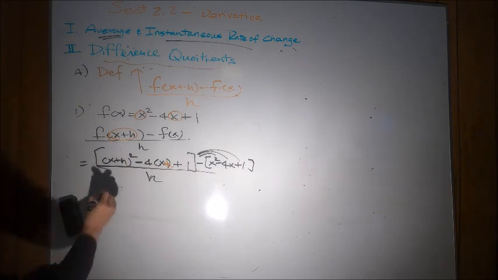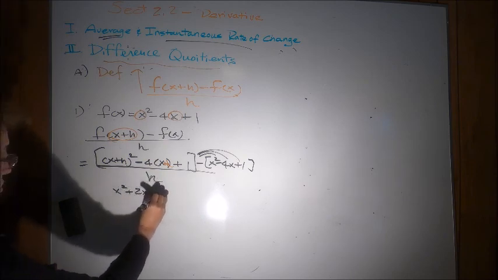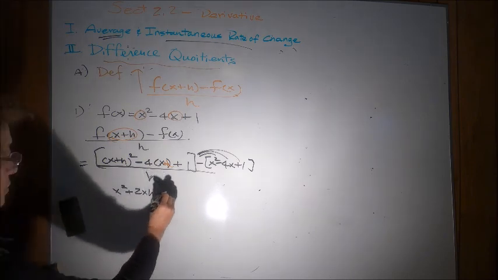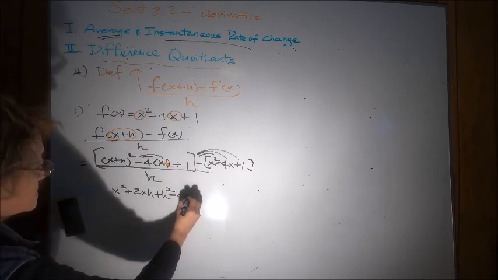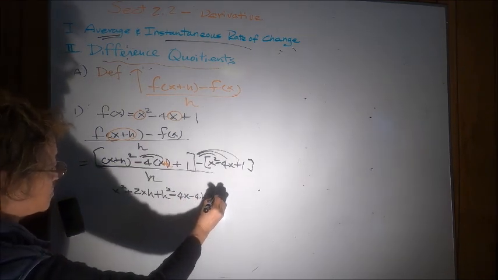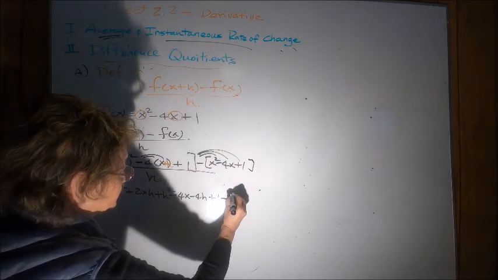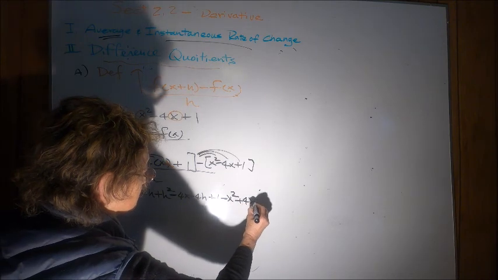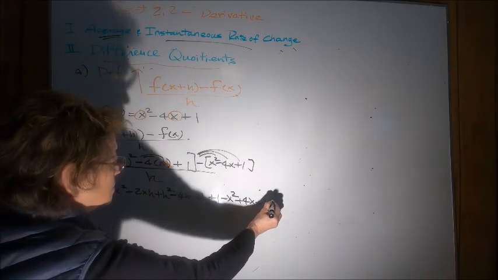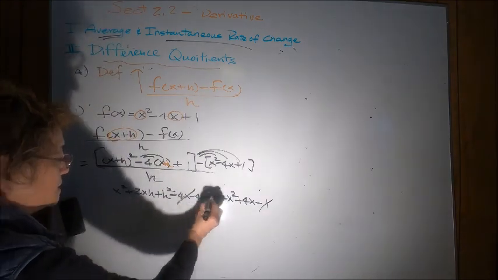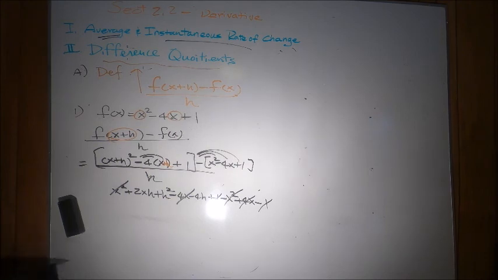Okay, so we have here x squared plus 2xh plus h squared, then minus 4x minus 4h plus 1. That's the first portion. Then minus this. So we cleaned up. What do I have left?